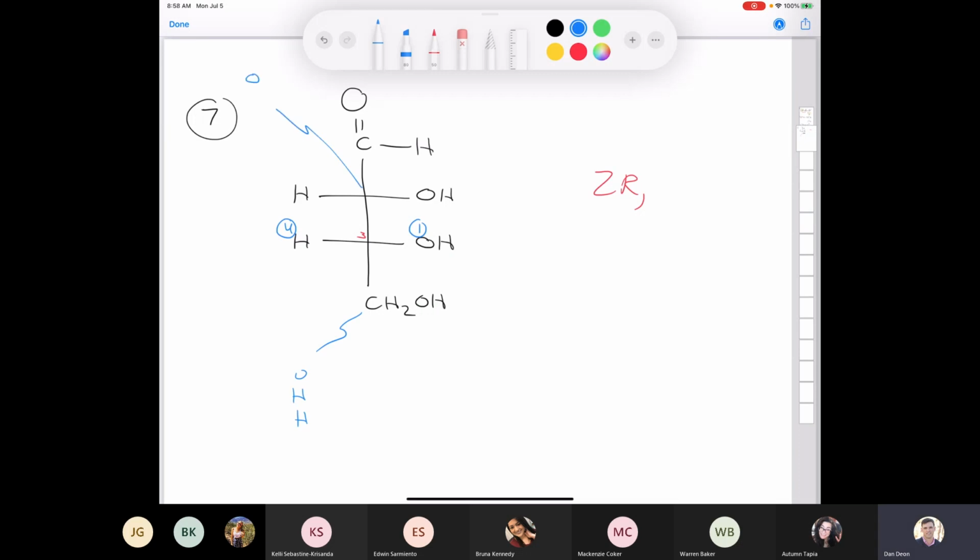This carbon is attached to oxygen, carbon, hydrogen. So this is the tiebreaker. This would be priority number 2. This is priority number 3. We go from 1 to 2 to 3, going counterclockwise again, so that would make it S. But remember, this hydrogen is coming out, so we reverse it, and it's 3R. So it's a 2R, 3R compound.